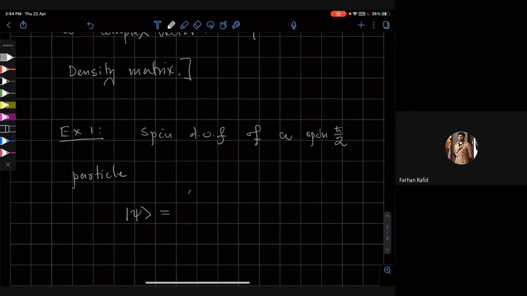And you might ask, why is it 2-component? Well, to learn that, you have to actually take a quantum mechanics course where there will be a mathematical derivation of this fact. Okay? So this is a vector. It's a 2-component vector where psi1 and psi2 are complex numbers.